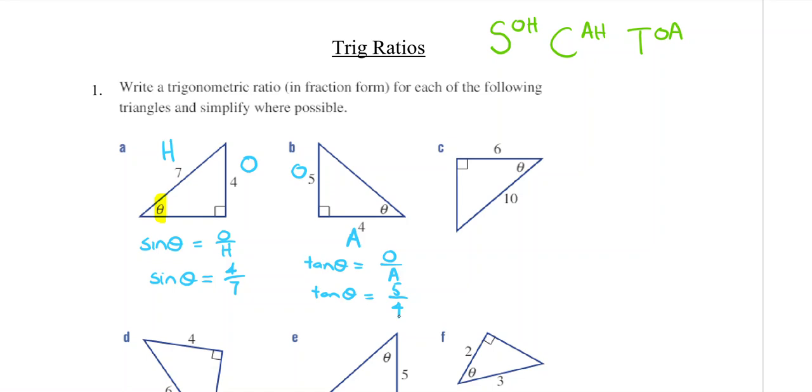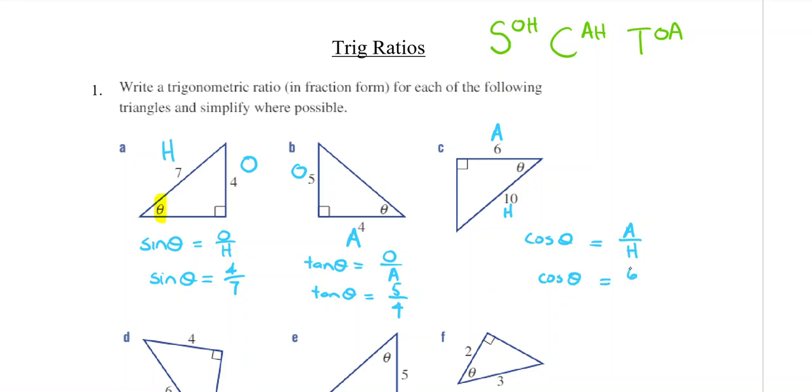Another one. Here's my angle. So what are these sides? What's the 6? A, good. That one, H. So which formula? So we say cos theta equals A over H. Okay, we're going to sub in.